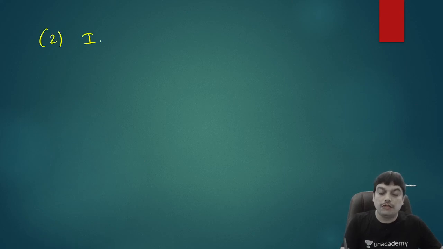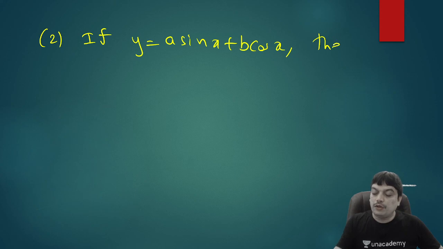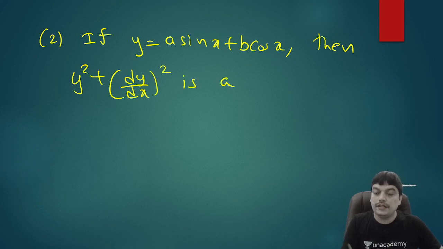If y is equal to a sin x plus b cos x, then we need to find out the value of y square plus dy by dx whole square. So y square plus dy by dx whole square is a function of x? The first option is it's a function of x.